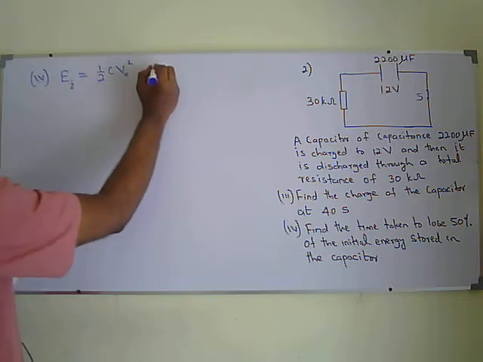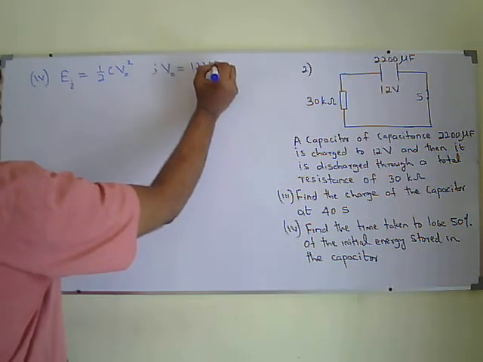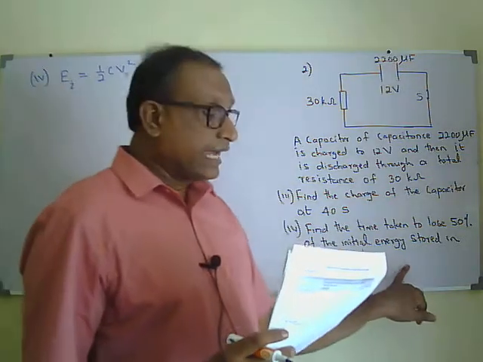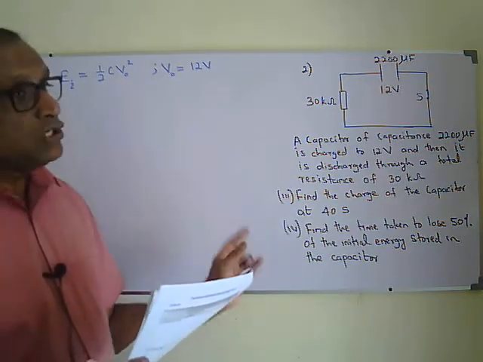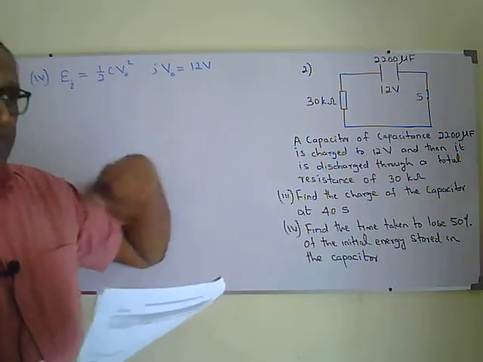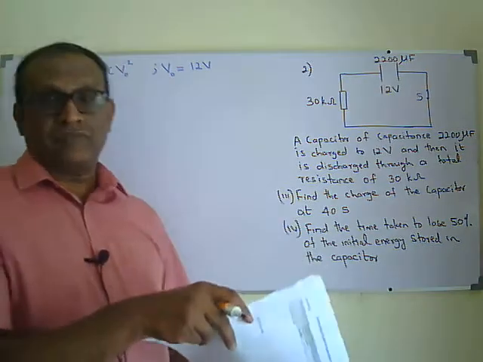V naught is 12 volt, it was initially 12 volt. Now I should find the time taken to lose 50% of this energy. When it loses 50% of that energy, the energy remaining in the capacitor will be 50%.